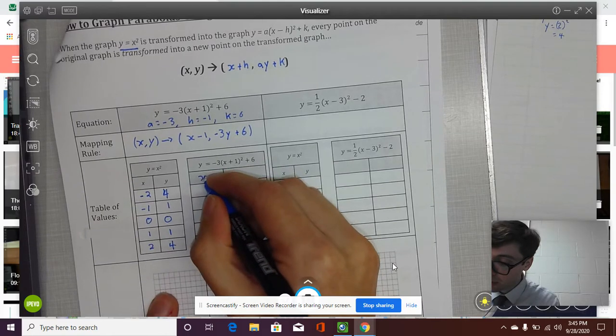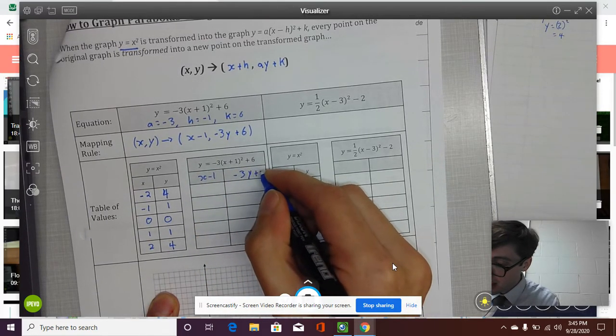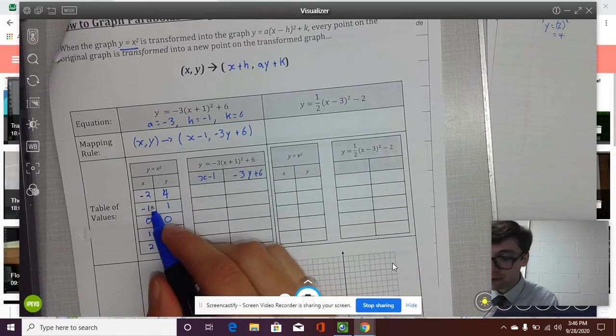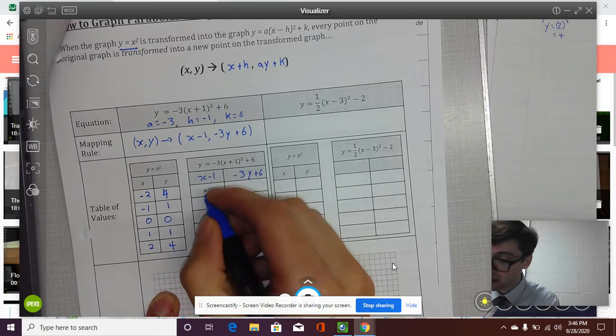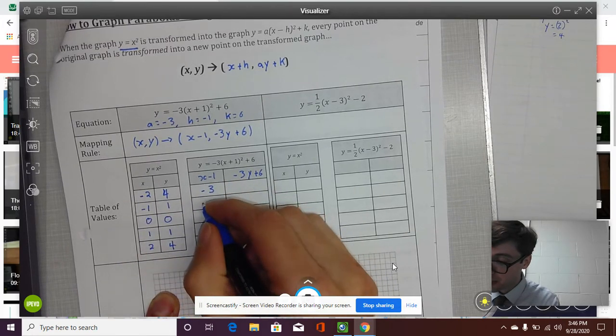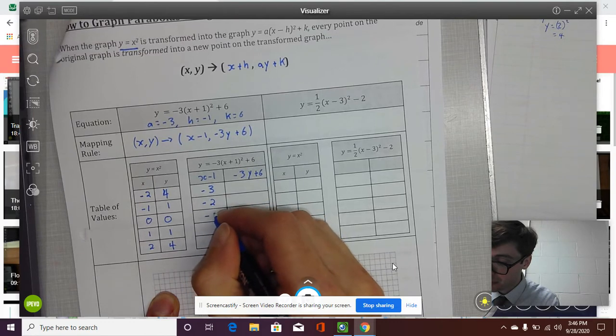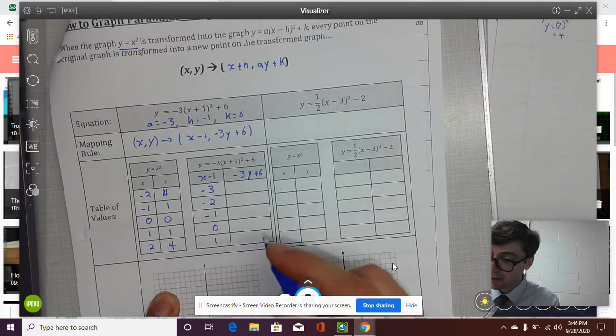And now we're going to put our table of values in. And I'm going to look at each coordinate separately. So for every x value, I'm going to take away 1, which is another way of saying I'm going to move it to the left. So -2 minus 1 is -3. -1 minus 1 is -2. So I'm following what this rule is telling me to do. I'm shifting it all to the left.